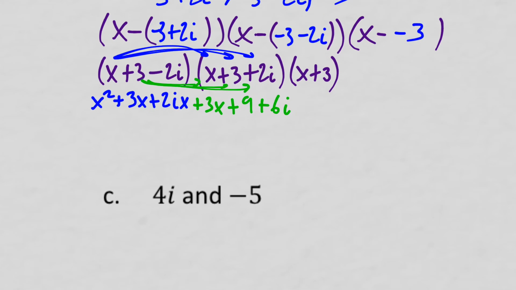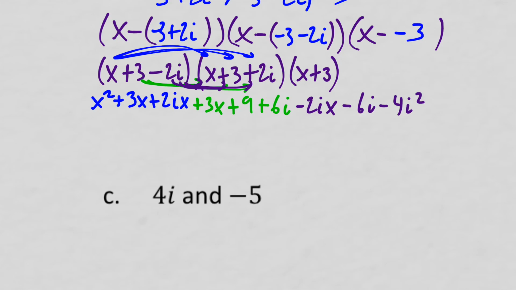And finally, I'm going to do the negative 2i. Negative 2i times x, negative 2i times 3, negative 2i times positive 2i. So negative 2i times x is negative 2ix. Negative 2i times 3 is negative 6i. And negative 2i times positive 2i is negative 4i squared.